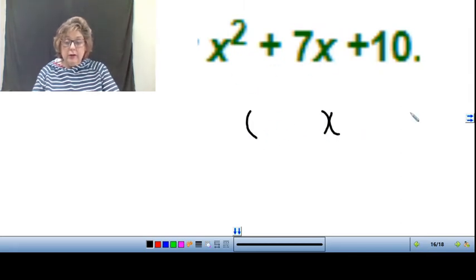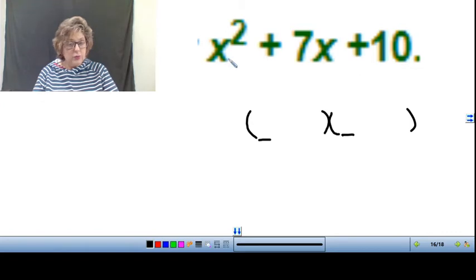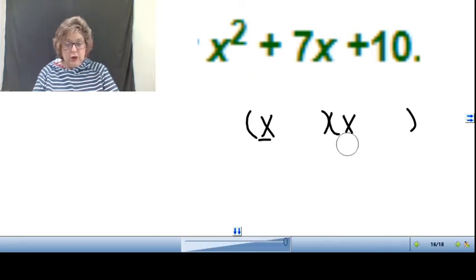And if you realize this times this value is always my first value. That's what it ended up to be. So what times what could be x squared? Well, we know x times x is x squared. So I know in that position will always be that value.